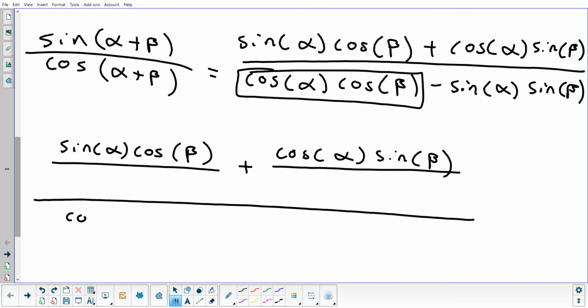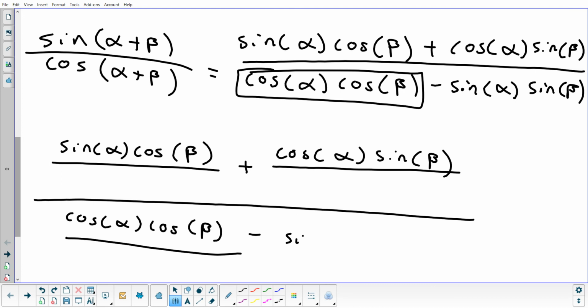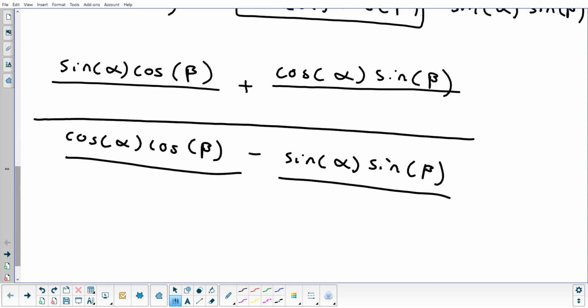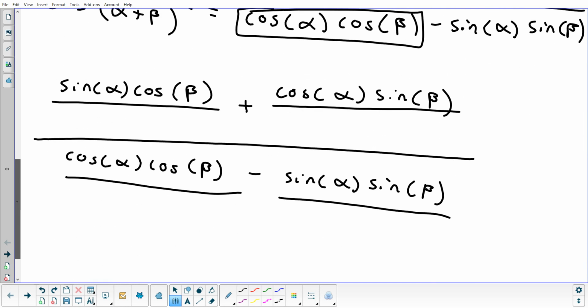And then I've got cosine alpha, cosine beta, and then minus sine alpha, sine beta. So I basically copied over the problem again, and I just left some room to divide everything by something. And what are we going to divide everything by?